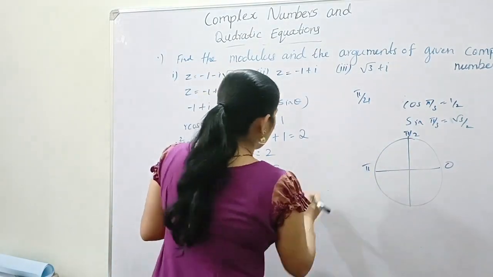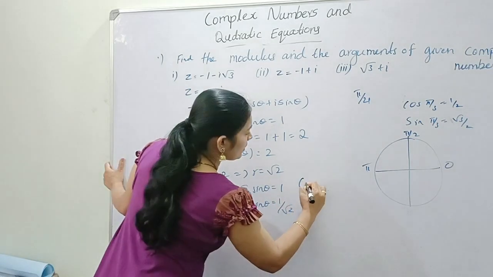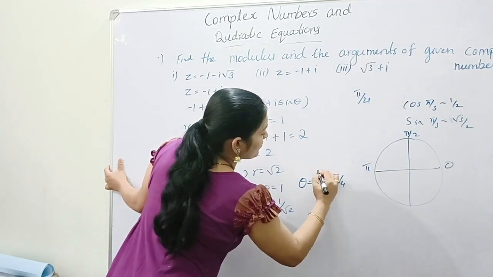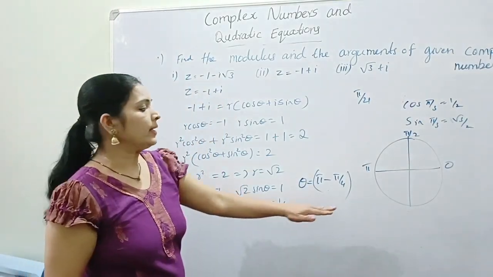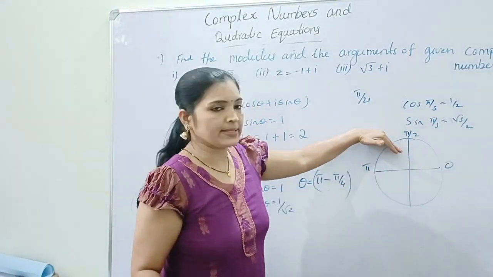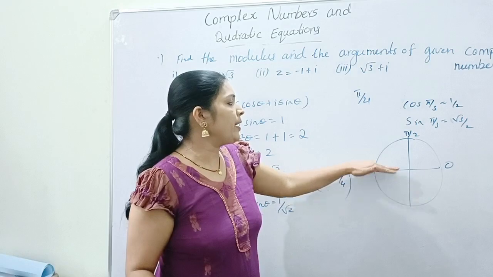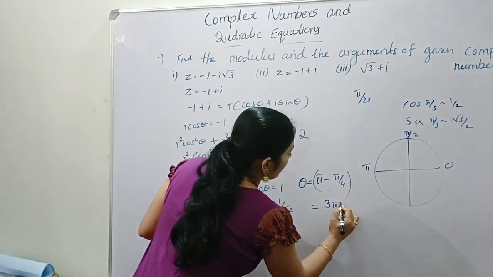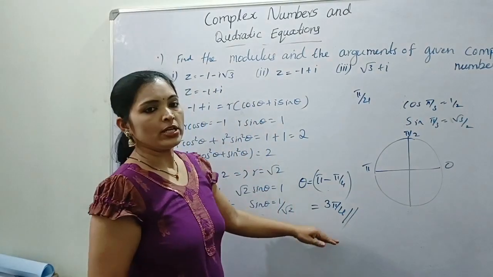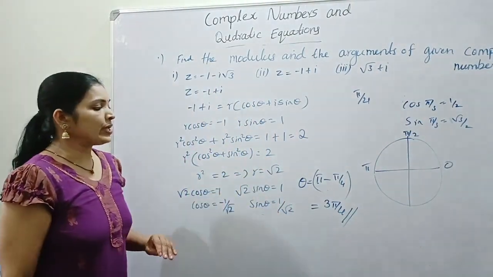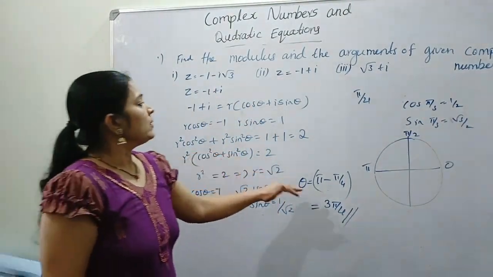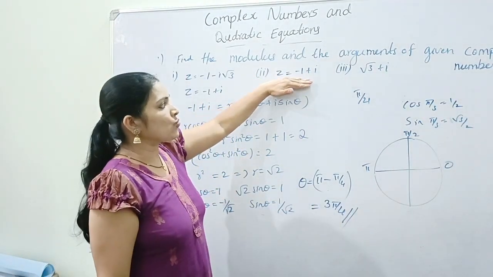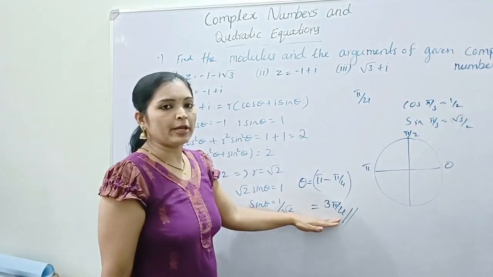Therefore we can write theta is equal to pi minus pi by 4, that is 3 pi by 4. So therefore the theta value is 3 pi by 4. Therefore the argument of the given complex number minus 1 plus i is 3 pi by 4.